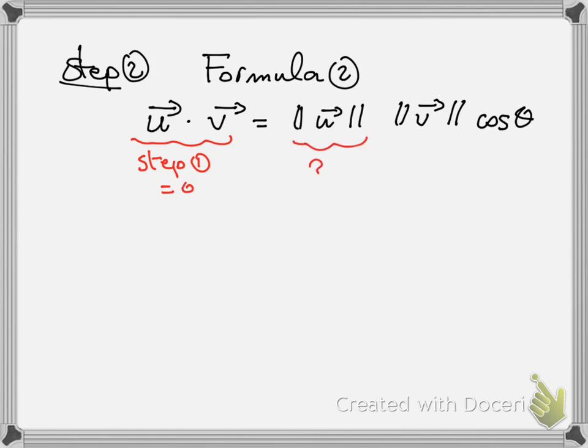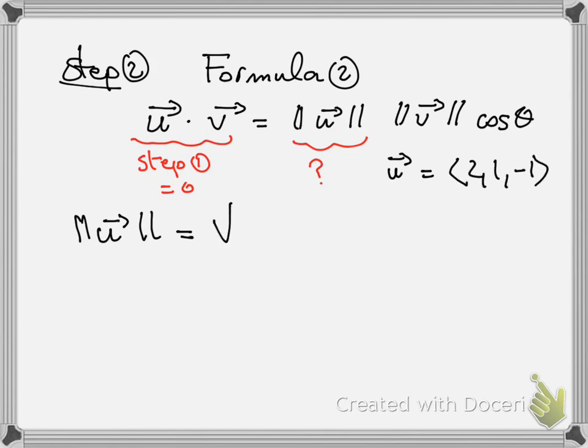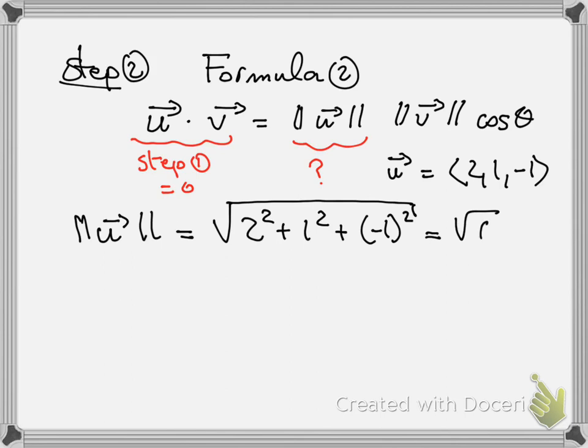Now, what's the length of the vector u? Remember, guys, u was the vector (2, 1, -1). So the length of u is the square root of 2 squared plus 1 squared plus negative 1 squared, which is the square root of 6.